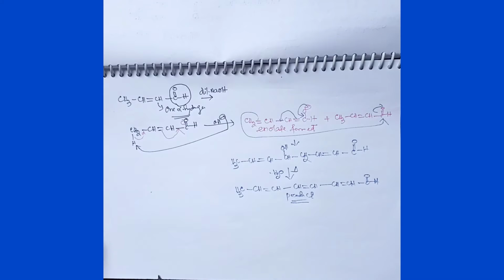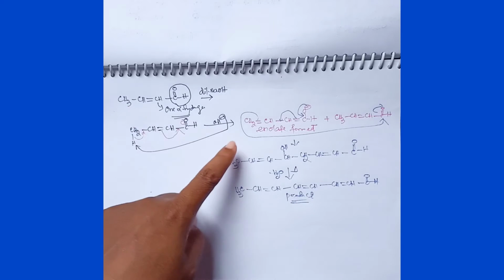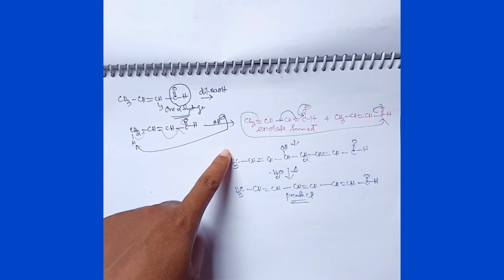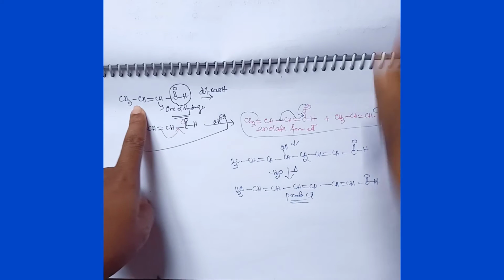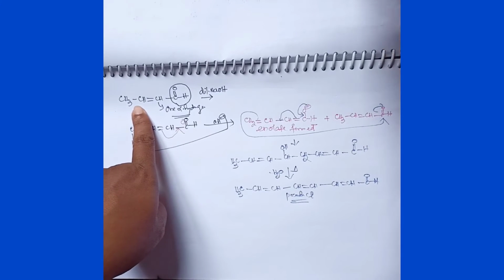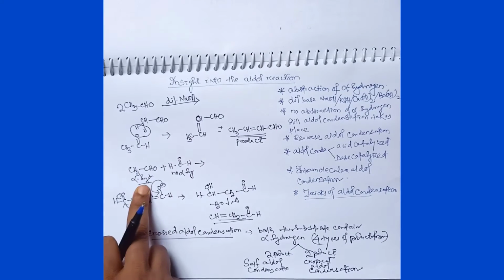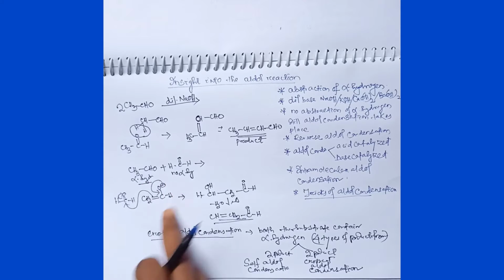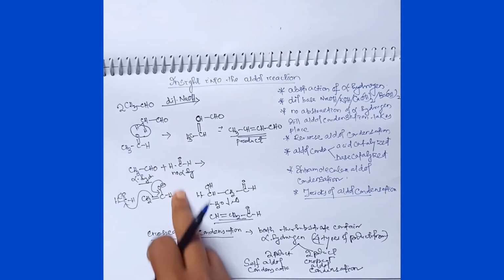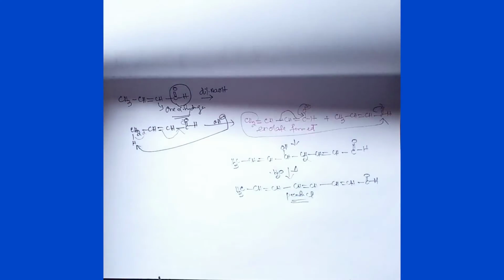Okay. So here there is no abstraction of alpha hydrogen, still this reaction is more favorable. Why? Because alpha hydrogen abstraction is taking place. If we see the previous example, here alpha hydrogen abstraction takes place, and after abstraction of alpha hydrogen, this enolate is formed and this enolate is more stabilized due to resonance.